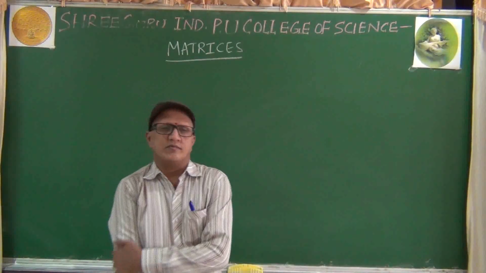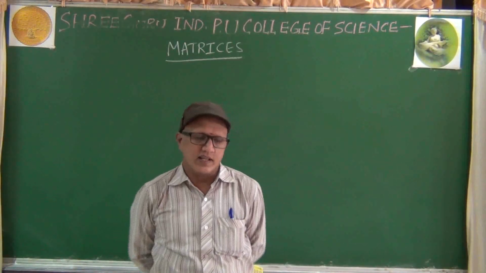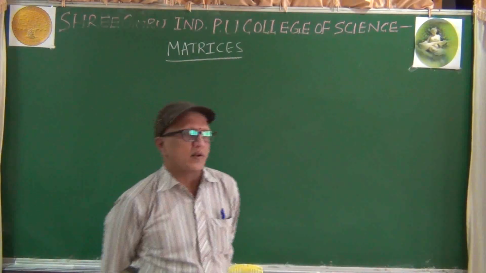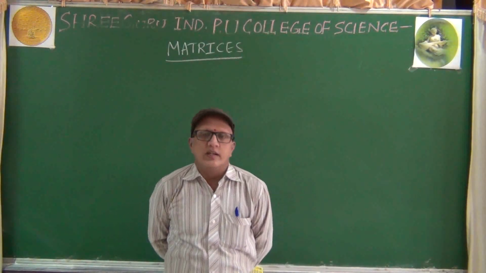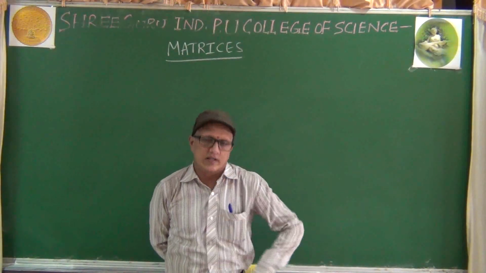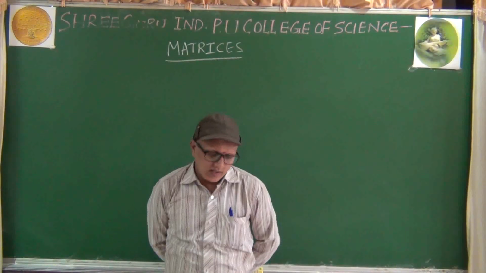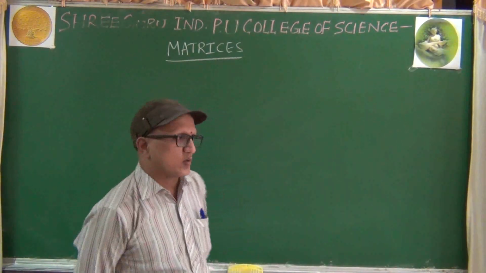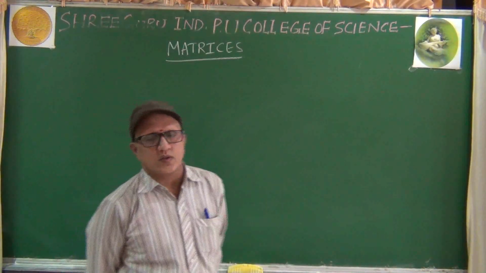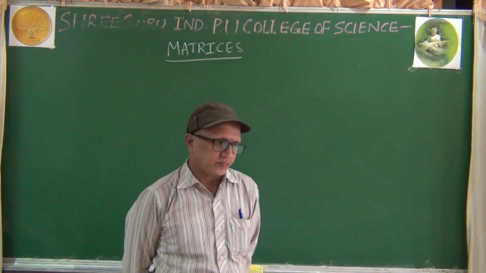This is a very easy chapter, easy to score, student friendly. From this chapter we get 9 marks in the annual examination. Actually this is matrices and determinants, 2 chapters. First let us see matrices, then afterwards we go to determinants.